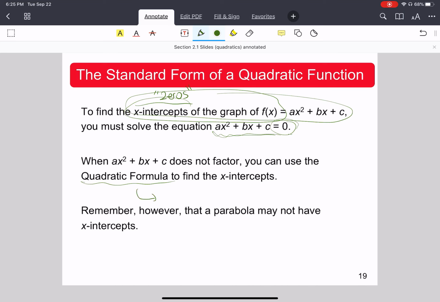The quadratic formula looks like x1,2 is always equal to negative b plus minus square root of b squared minus 4ac, over 2a. And then lastly, you need to note that a parabola may not have x-intercepts. So not every parabola has x-intercepts.